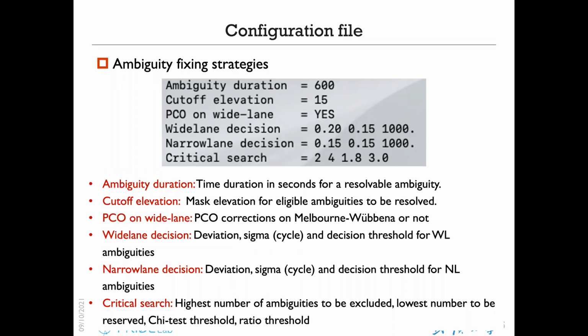For example, you have 10, you can remove 2, 3, or 4 ambiguities from the 10 to enable ambiguity fixing. But the fewer the ambiguities are, the higher the risk you are going to make an incorrect fixing. So you need to make sure to be very careful in this case.